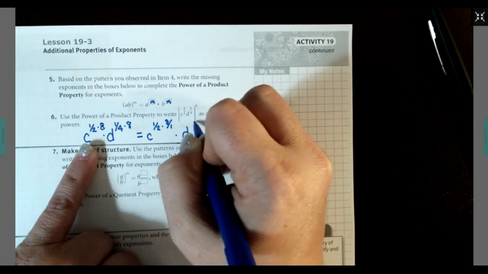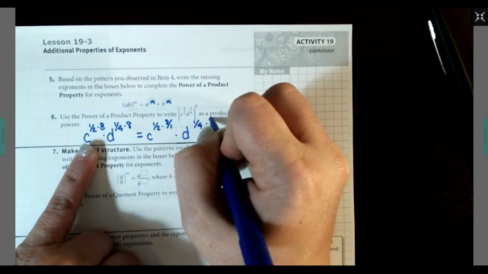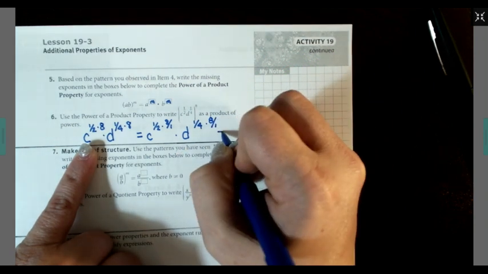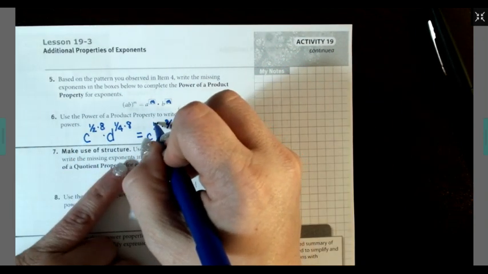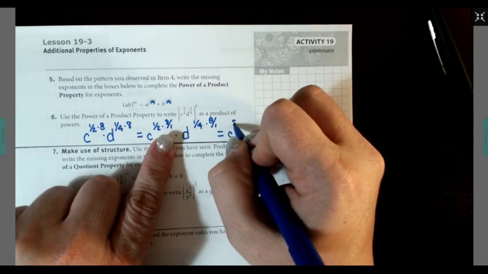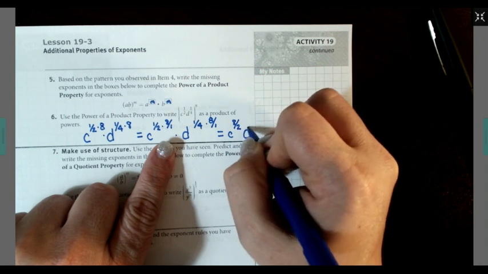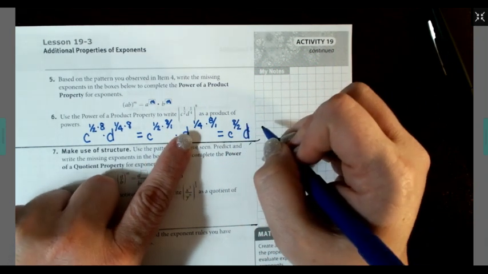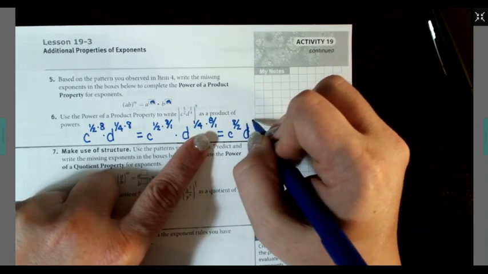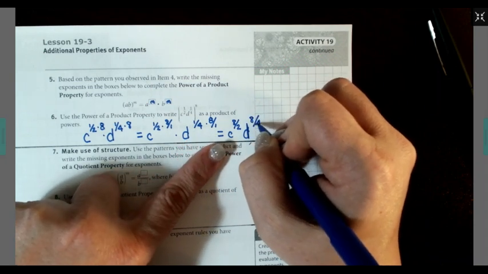This is going to be d to the (1/4 times 8/1). So we got c: 1 times 8 is 8, 2 times 1 is 2. Here we have d: 1 times 8 is 8, and 4 times 1 is 4.